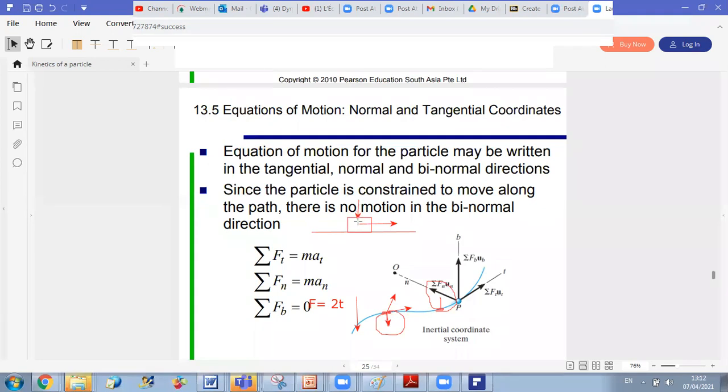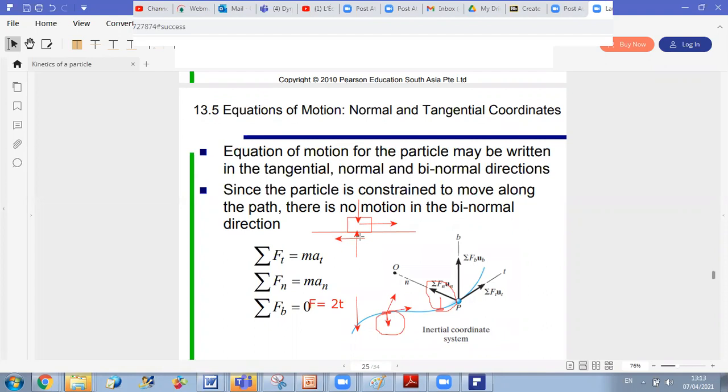For example here, if you have the weight, the normal, and the friction. In general, when I have kinetic friction, the friction and normal are related. So to calculate friction, I should know the normal. And I cannot find the normal if I don't do the sum of forces along y equals 0. So the y equation will give me an additional equation to get one of my unknowns.